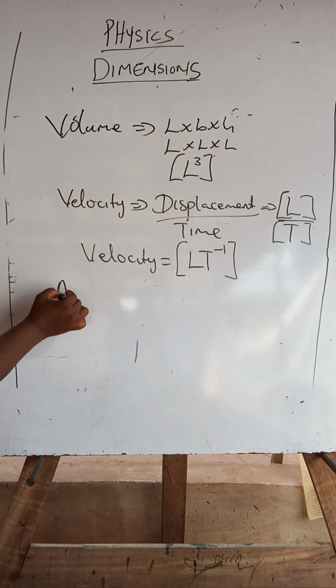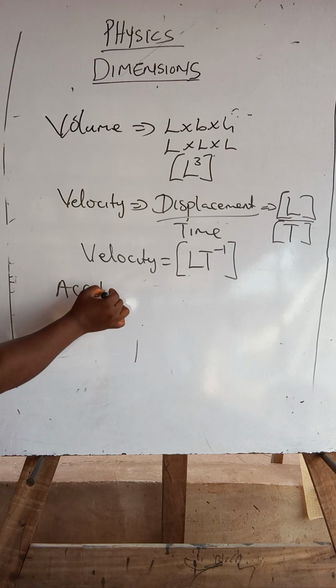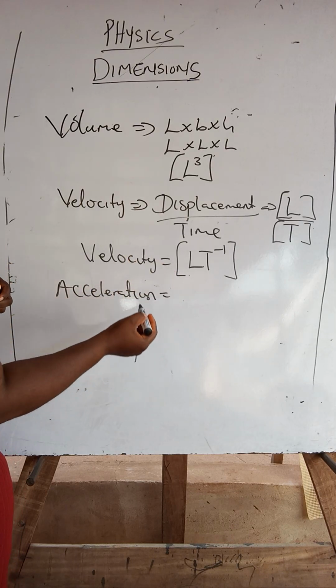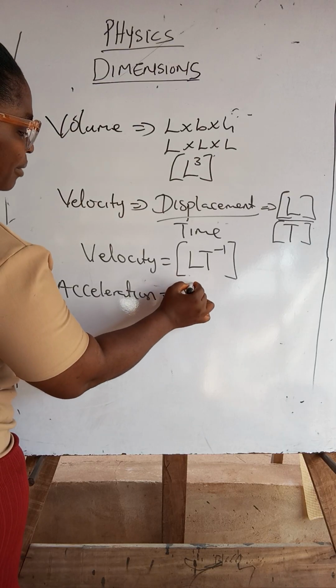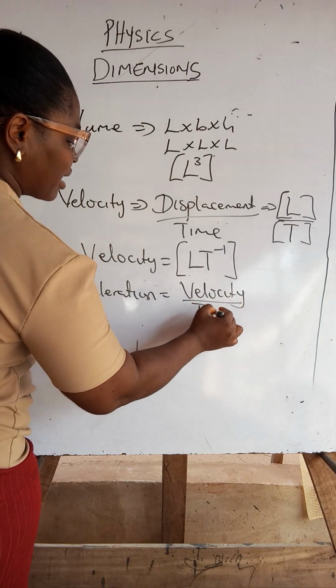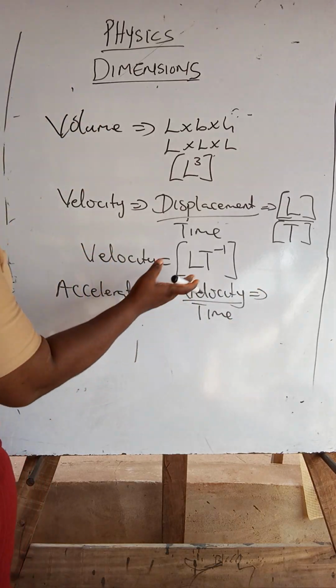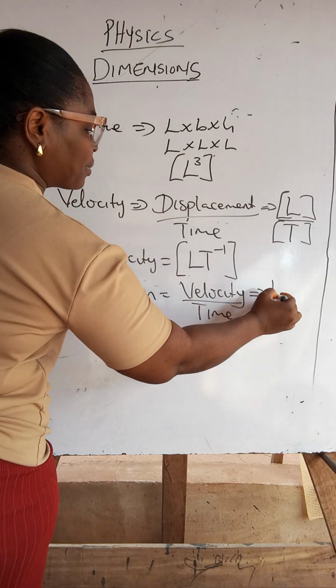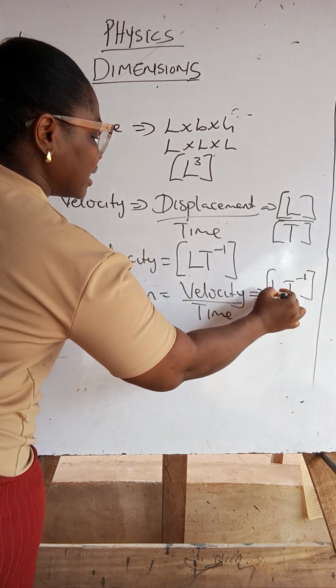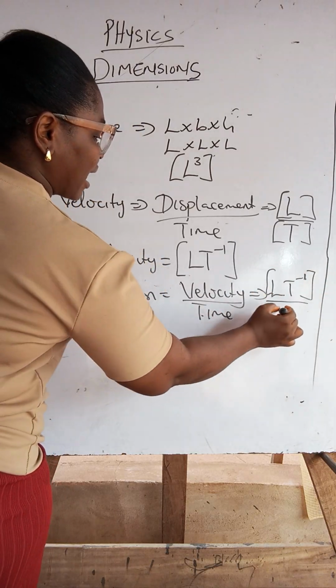Then acceleration. Acceleration is the increase in the velocity of a body with time. That is velocity over time. Now, what is the dimension for velocity? Already obtained, length per time, then divided by time.